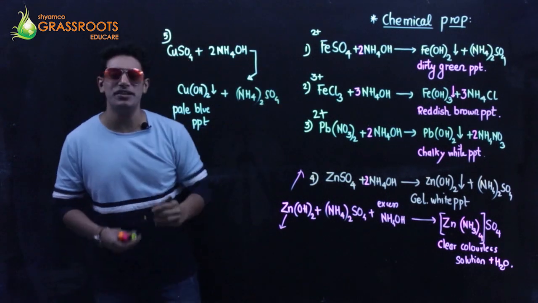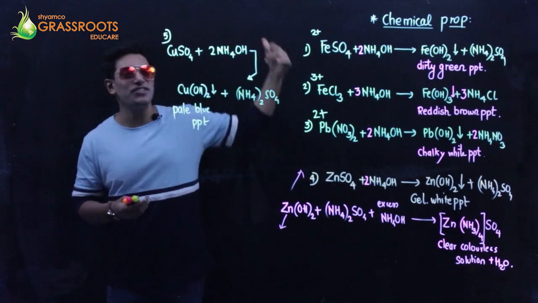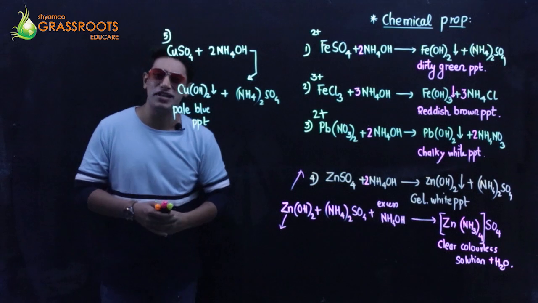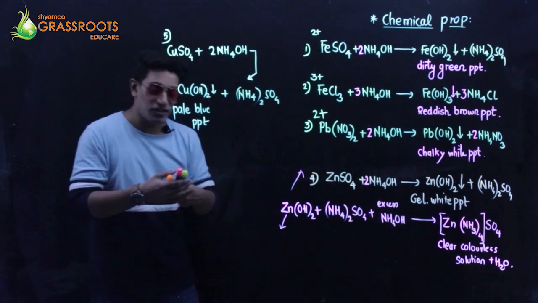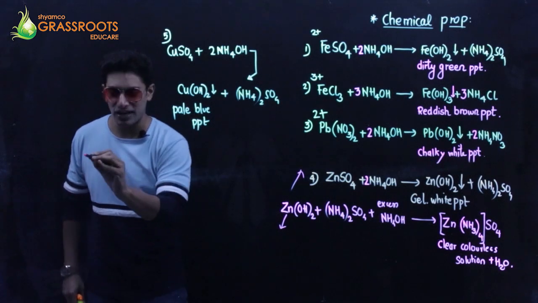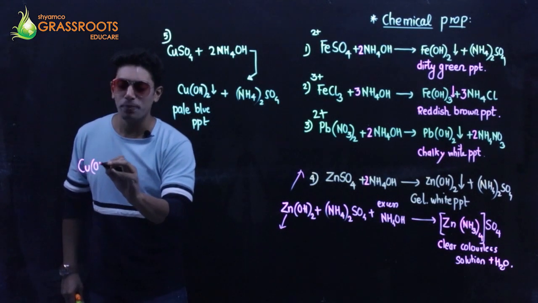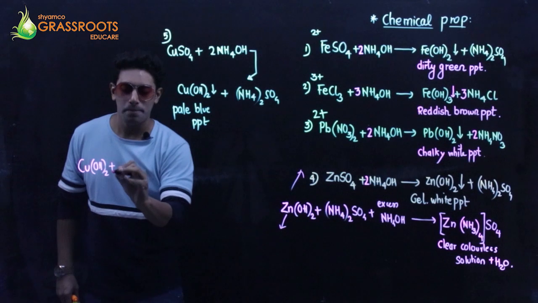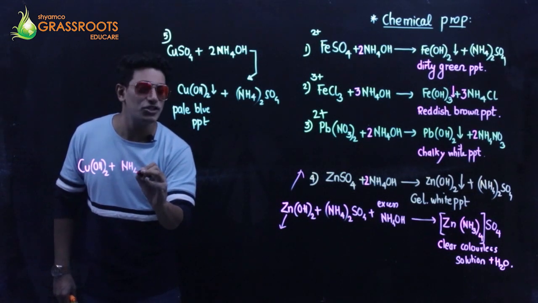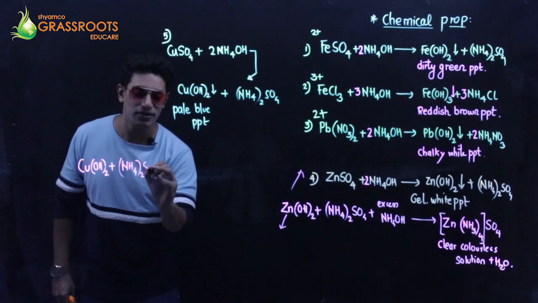Now that's balanced. I've already written a 2. Again, in this reaction, you pour excess ammonium hydroxide solution. So it's again a two-step reaction. So from here I need to start, copper hydroxide plus ammonium sulfate, it's a PPT for the moment. In the test tube, we have these two things already together with us.